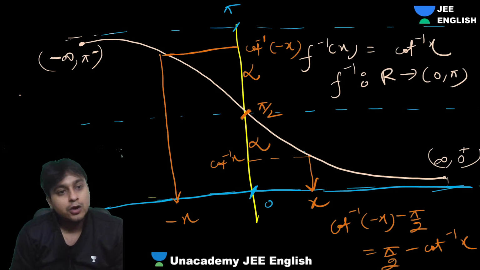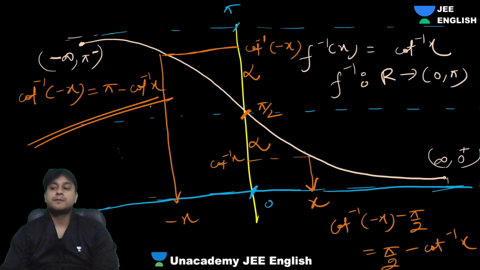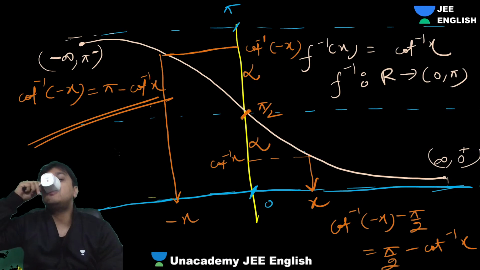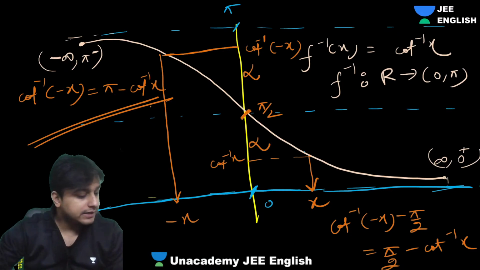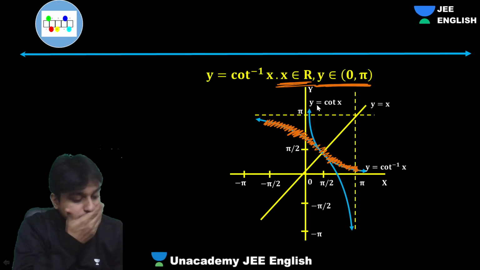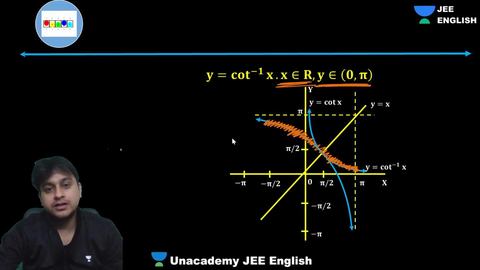We will get that cot inverse minus x is equal to pi minus cot inverse x. Got it? Yes, that's what we have. Okay, everyone, understood? Clear, guys? Everyone watching? Same as cos, right? So this is also neither even nor odd.